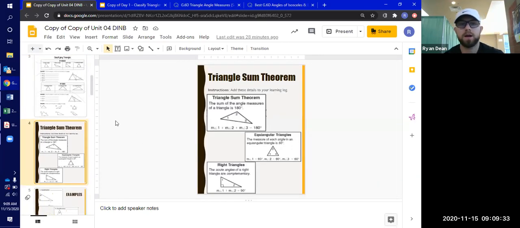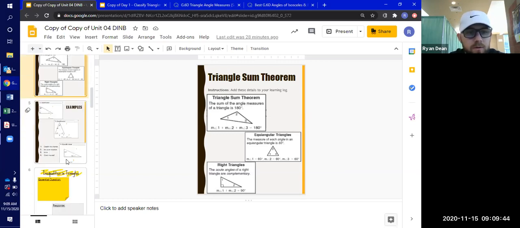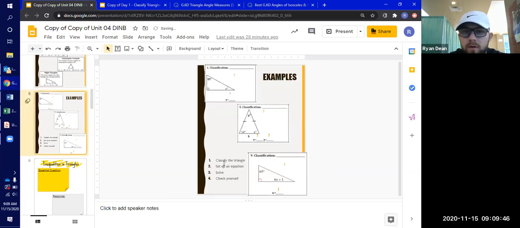What we're going to take a look at now is the triangle sum theorem, equiangular triangles, and then right triangles. But our main focus here is going to be the triangle sum theorem. And then the last slide, we'll take a look at 3 more examples and how to solve for the angle measures given these things.